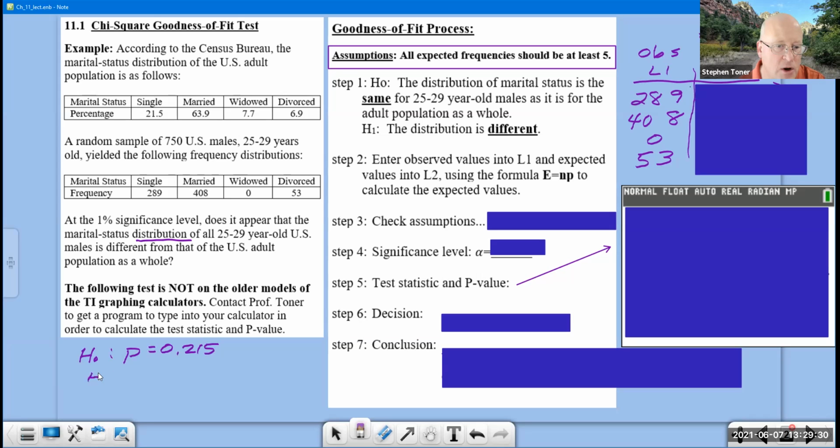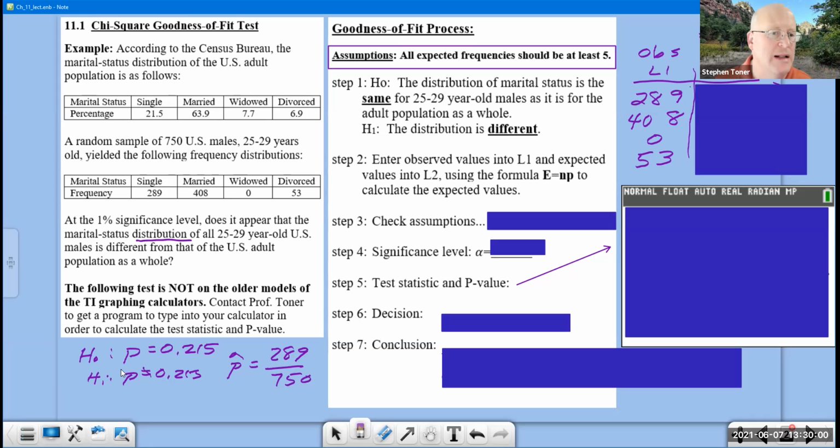And then we'd have an alternate hypothesis of either it isn't, is greater than, whatever. Choose whatever inequality you want to, 0.215. And then we could take a sample proportion, which is really the 289 out of the 750 adult males.